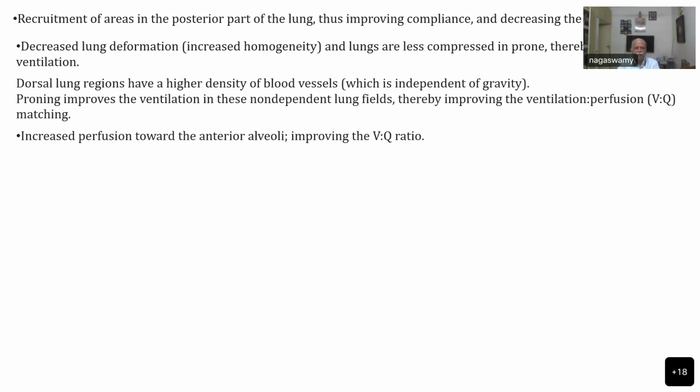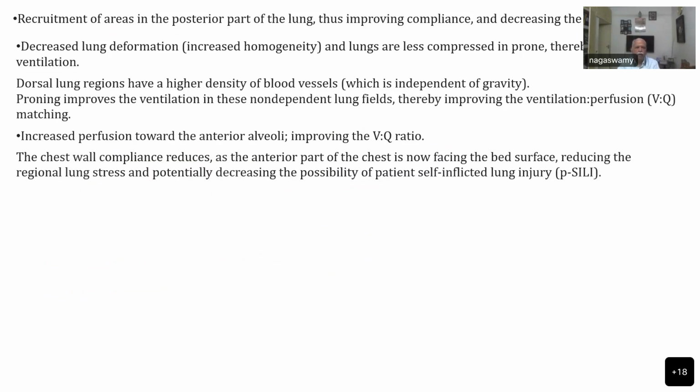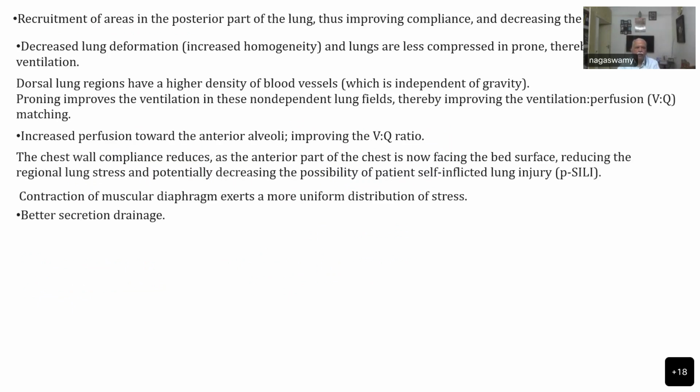Higher density of blood supply makes the ventilation perfusion more equal, and the muscles of the diaphragm are more uniform, producing a distribution of stress. And because of the proning, we get better drainage of the secretions.